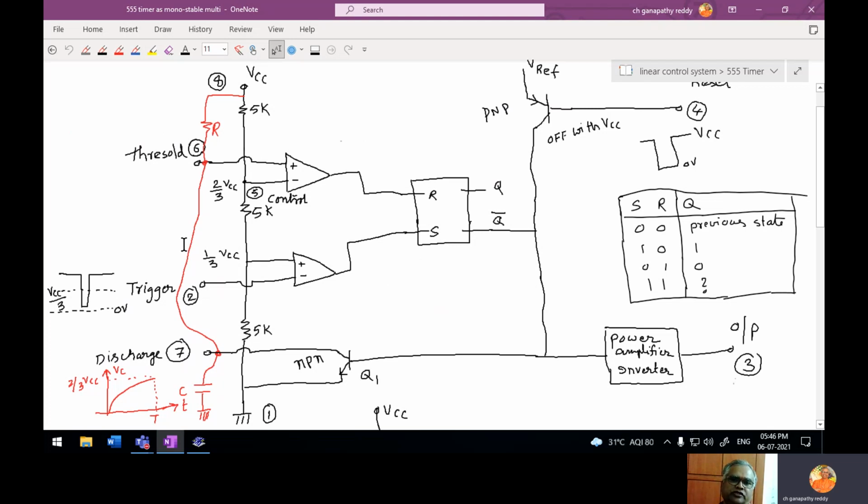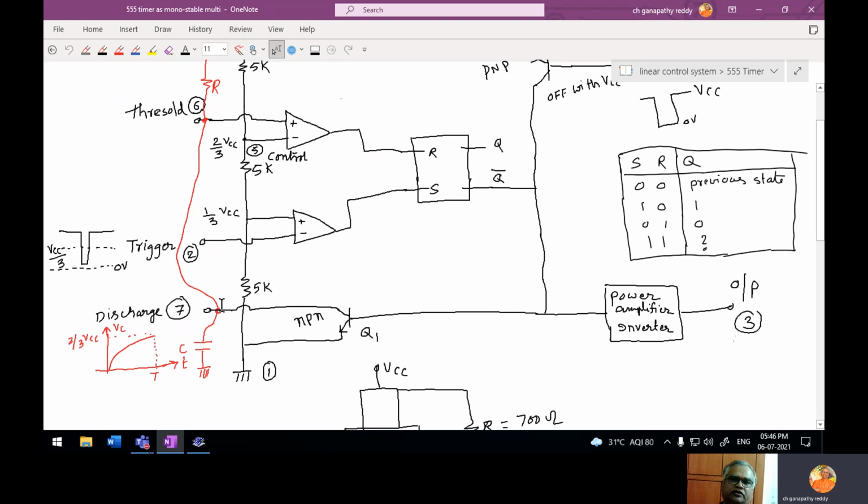There is one more, this red color, observe. Resistor R connects to pin number 8. There is one resistor coming like this, connected to here, then also connected here.